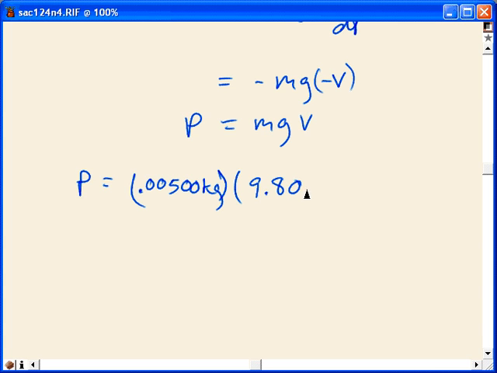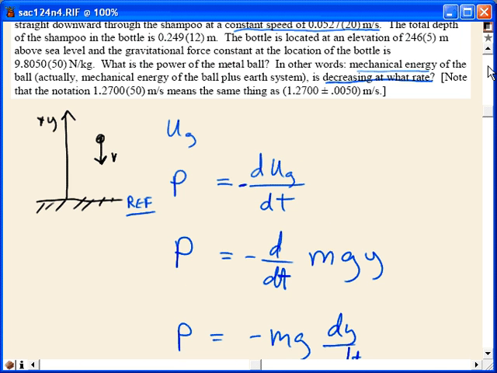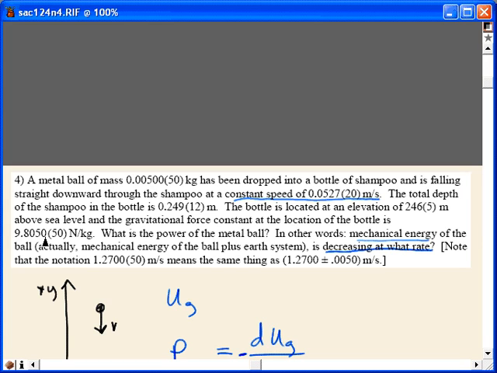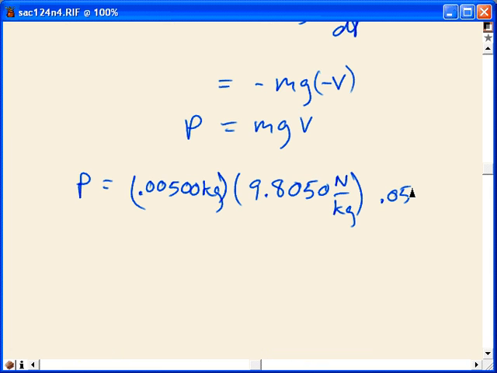I think it was 9.8050 newtons per kilogram. I want to check on that. Yeah, 9.8050. And then we need v, 0.0527 meters per second.